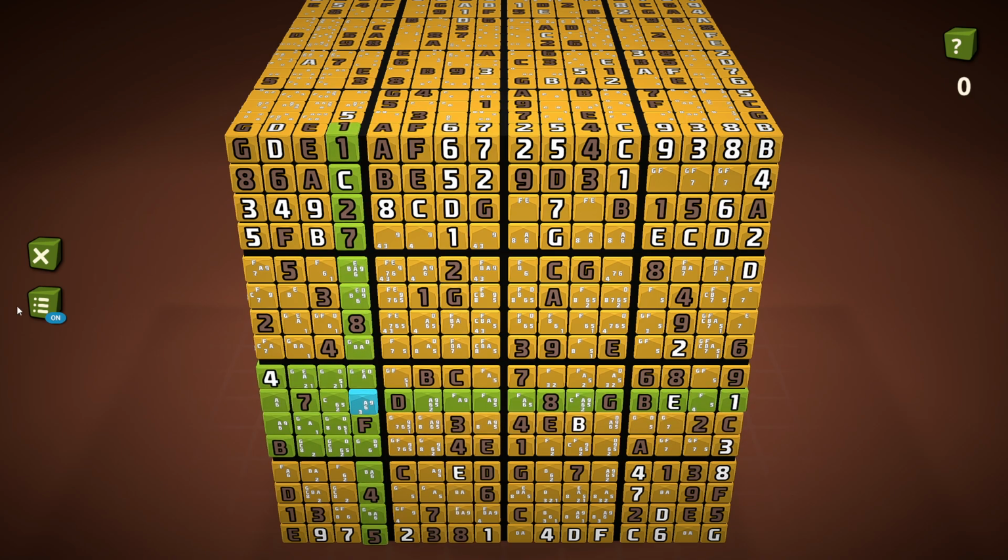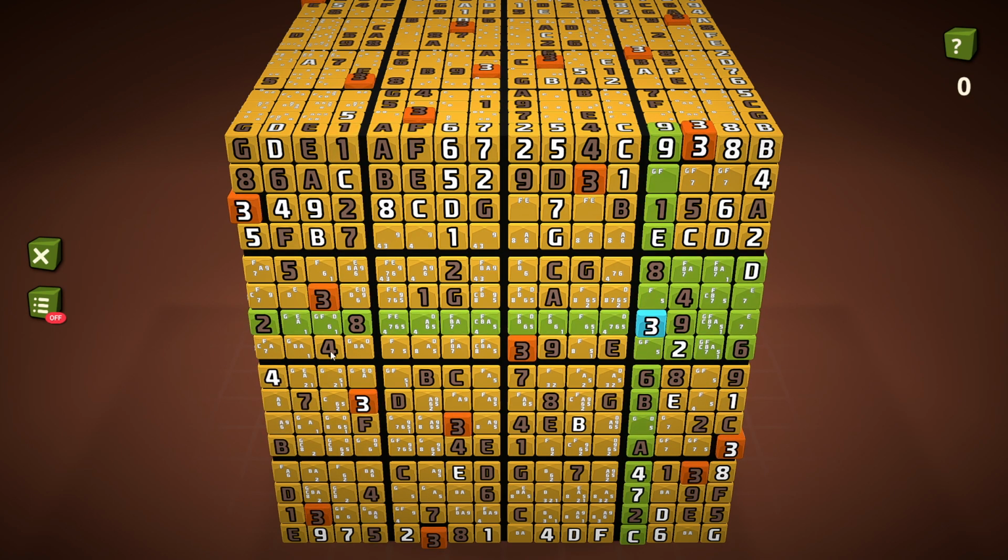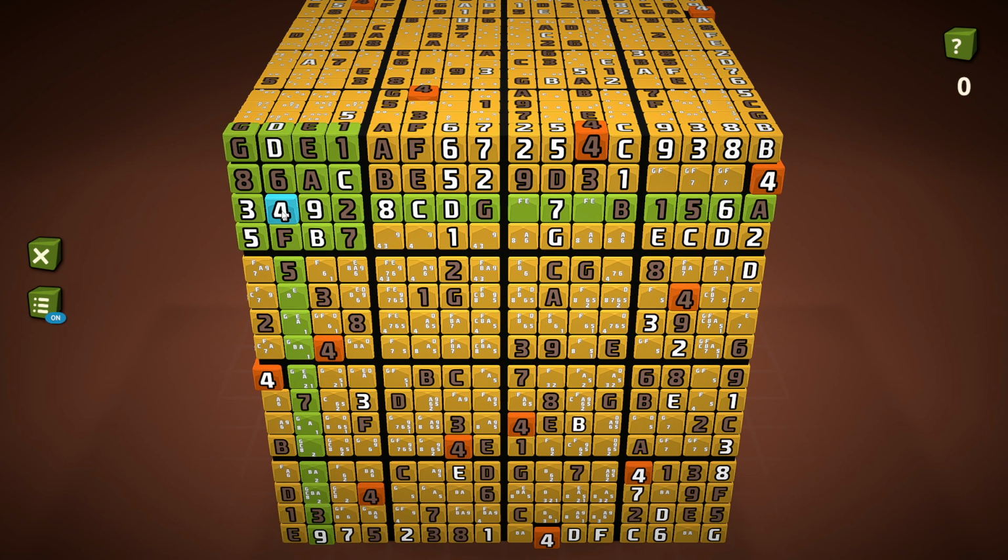So only that one has one available square. Yes. Also this one. Alright, so there's still 2 available there. It has to be in the third one of those 2. Right, fours.